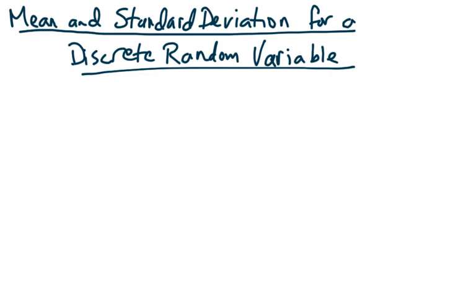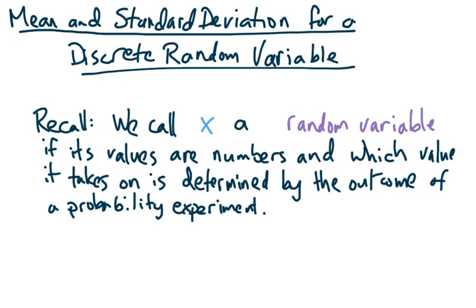We're doing statistics. Now, today we want to talk about discrete random variables, and specifically the mean and standard deviation, right? That's what our title says. So let's recall from the past that a variable x is a random variable if its values are numbers, first of all, and that the value of x is determined by the outcome of a probability experiment.